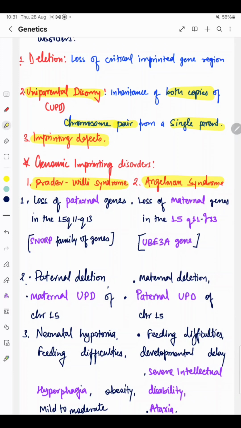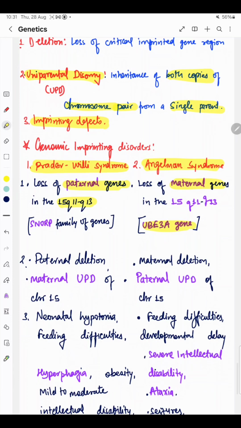In Prader-Willi syndrome, there is loss of paternal genes in the locus 15q11 to q13, and in Angelman syndrome, loss of the same locus of the maternal gene. The gene involved in Angelman syndrome is the UBE3A gene, and in Prader-Willi syndrome a family of genes is involved.